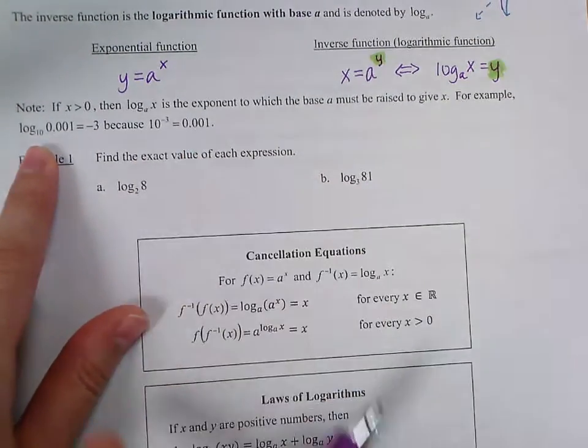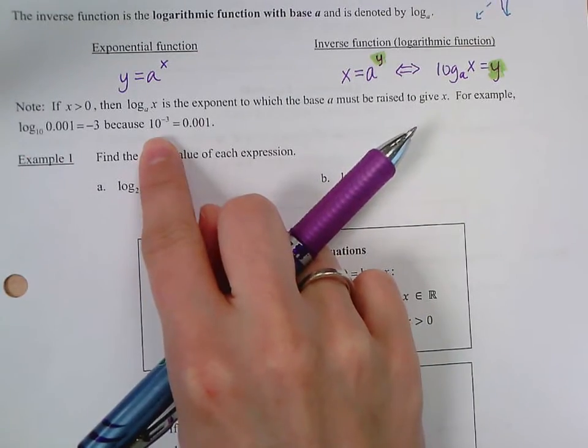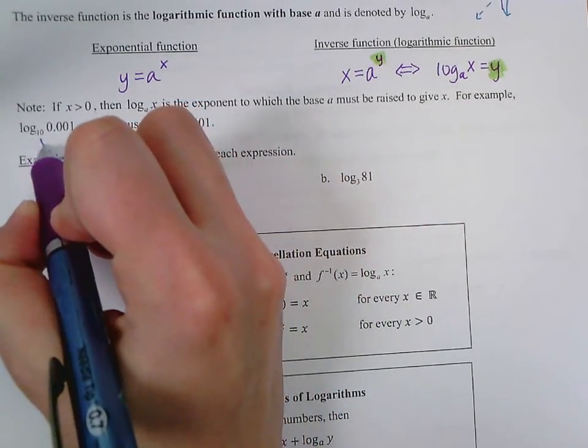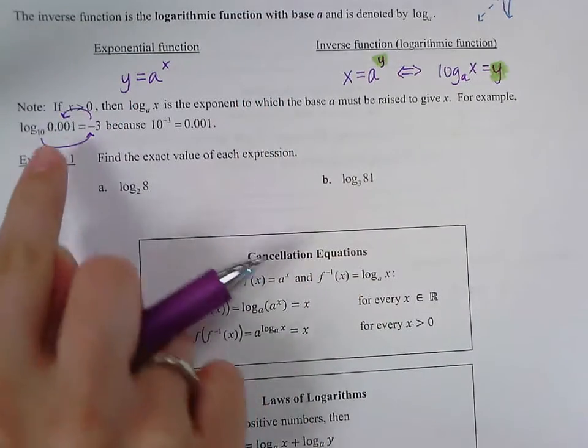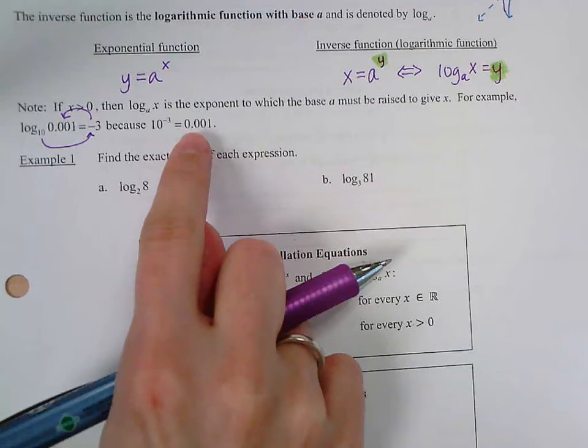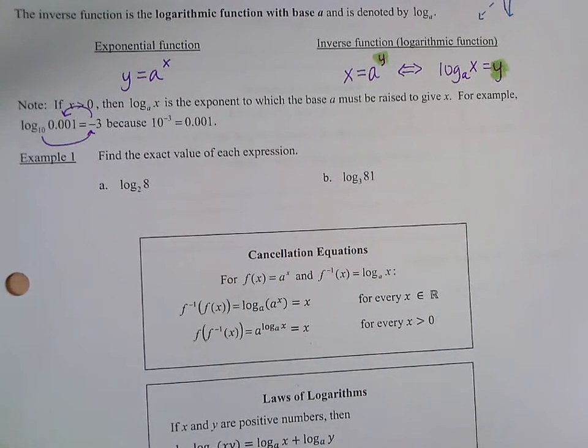So log base 10, 10 is the base of the exponential form. What the logarithm is equal to is the exponent, and then the value in the logarithm is what you get as the answer to that exponential problem. So to go from a logarithm to an exponent, base 10 raised to the -3 equals 0.001.